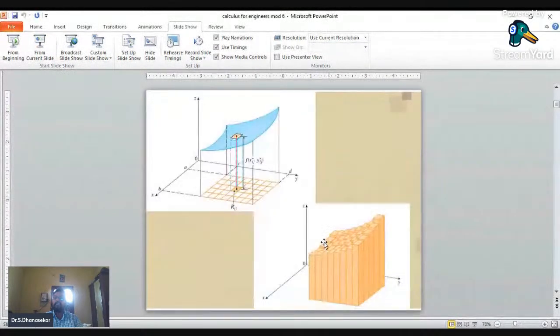Now if you see it in the figure, it will be like this. If I want to find out a double integral of this surface, I will come later to what a double integral is. What you are doing is dividing this two-dimensional figure, this area, into small rectangles like this.